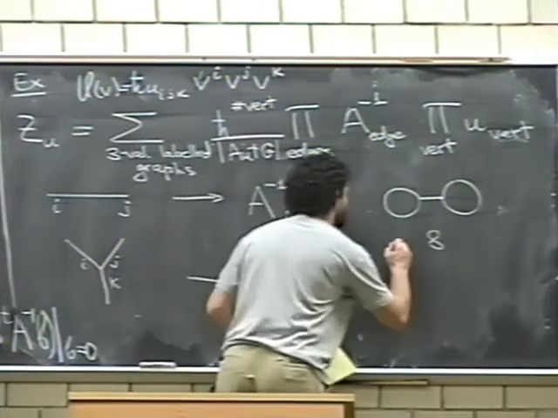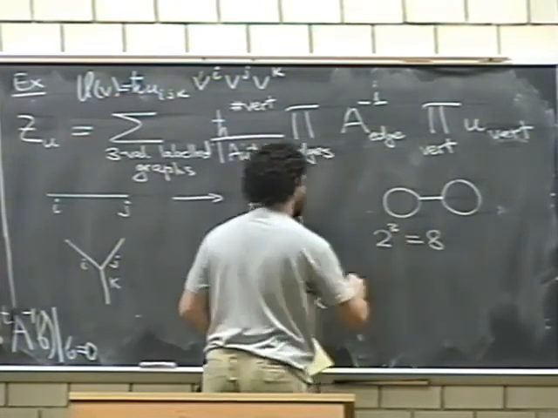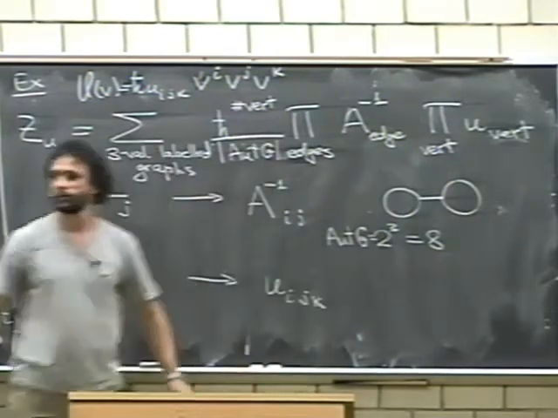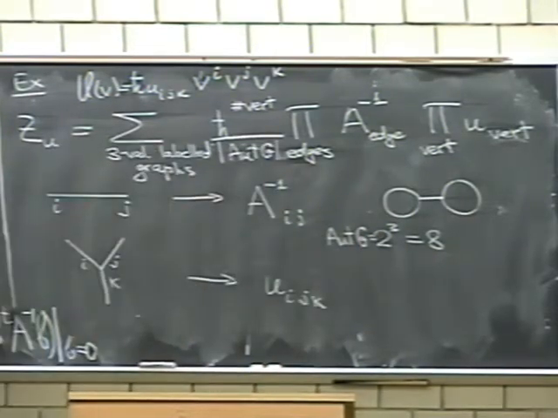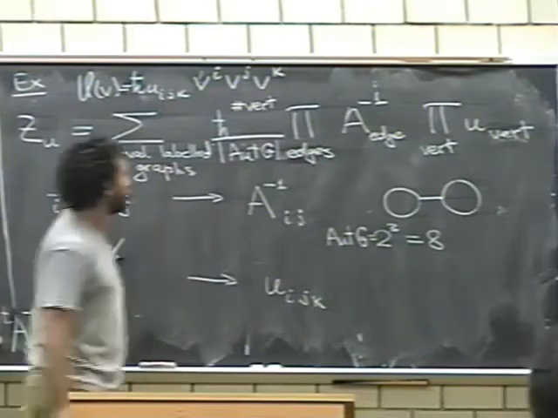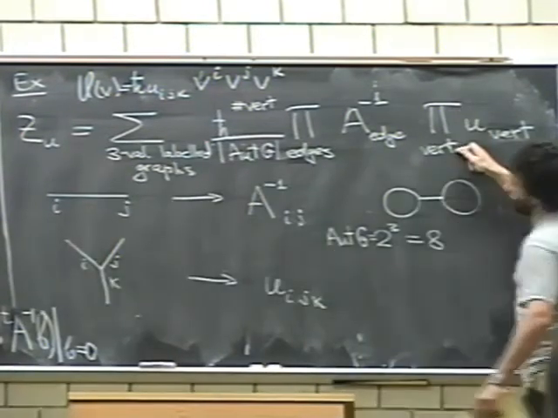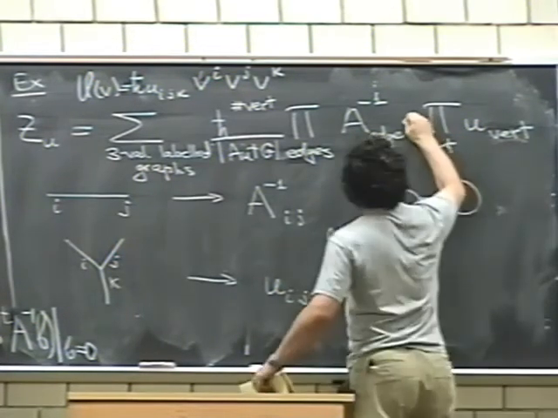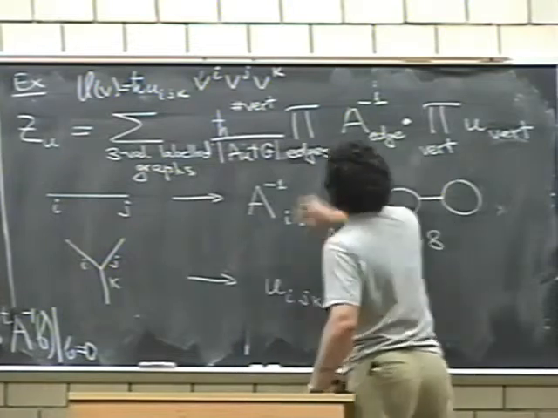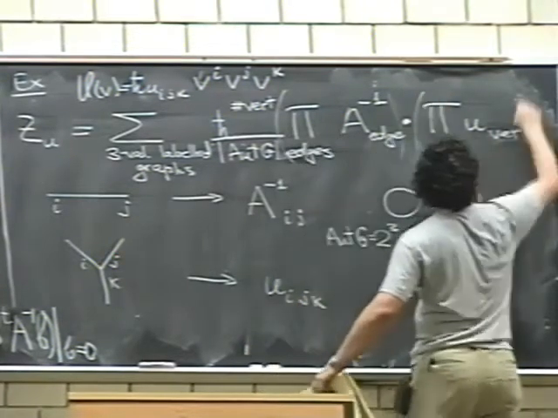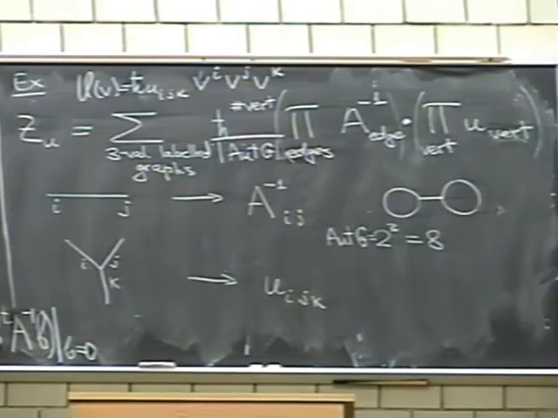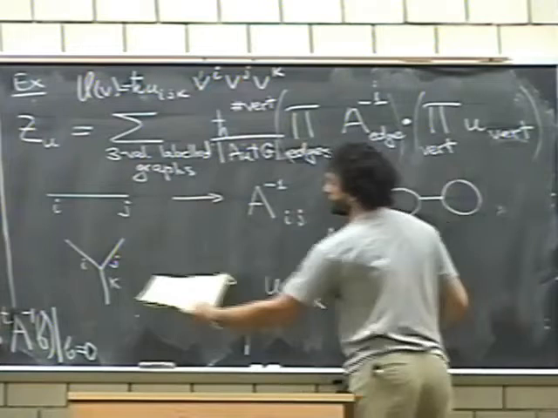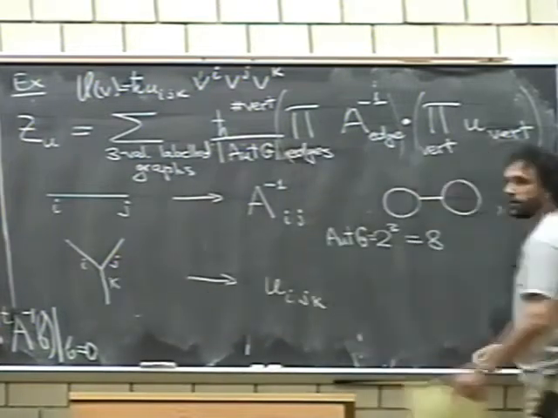The two products are completely independent: one product over edges, each edge gives you such a factor, and each trivalent vertex gives you its factor.